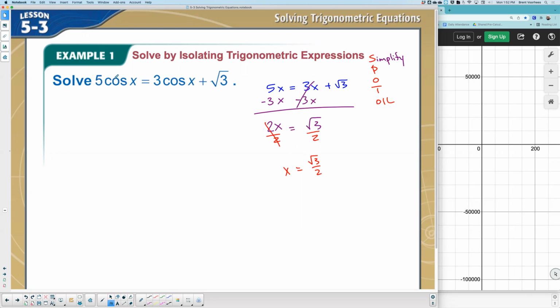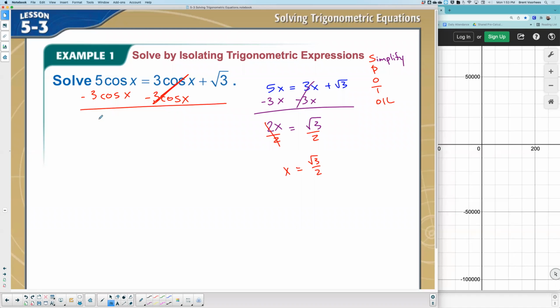What I'm saying is we're going to do algebra, and then at the very end, apply trig. So let me show you. I'm going to do the same steps. Instead of subtracting 3x, what am I going to subtract over here? 3 cosine x from both sides. First, subtract 3 cosines. So I have 5 cosines minus 3 cosines.